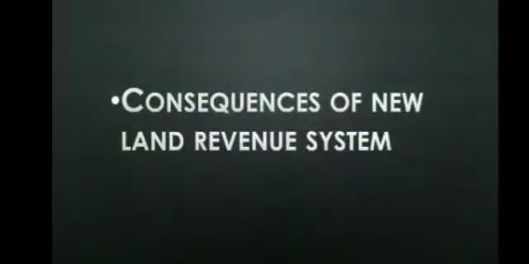Consequence of new land revenue system. There were many bad effects of the new revenue system. Farmers started selling their crops in whatever price they get, in need of cash to pay tax. The merchants and brokers were purchasing farm products in minimum price.